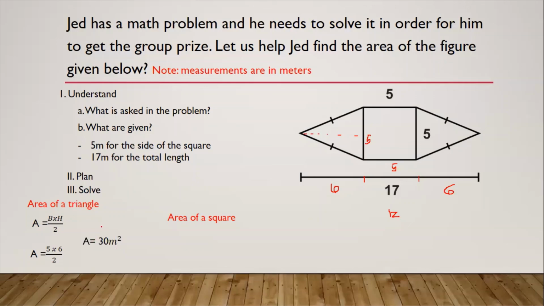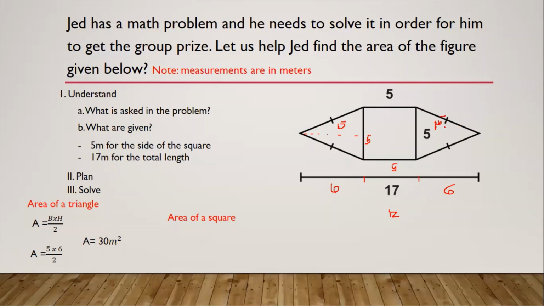So we have here 15 meters squared. We have two triangles here, so just add 15 meters squared plus 15 meters squared. So we get a total of 30 meters squared.